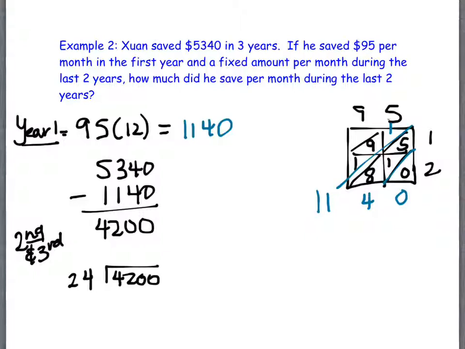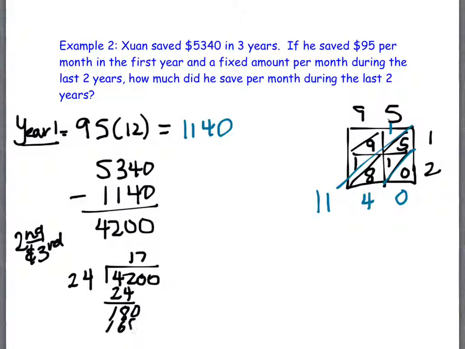Okay, so 24 goes into 42 how many times? Once. 1 times 24 is 24. And then we subtract. So what do we get when we do 42 minus 24? 18. Very good. So then we bring down the 0. So now I've got 180. Any guesses as to how many times 24 goes into 180? 7. 7 works. What's 7 times 24?